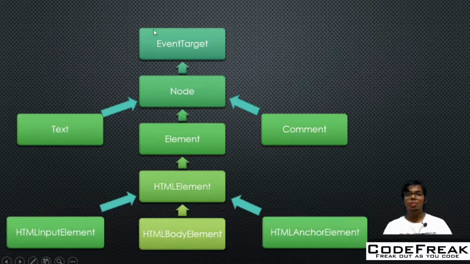So all the properties which are there in Node, like childNodes, which we had seen in the previous tutorial, are also inherited by the object created for the HTML input element. You also have element properties like previousElementSibling, and all these are applicable here because it is inherited from that. That's why I wanted to show you this.